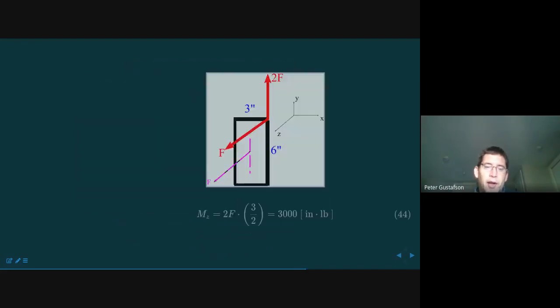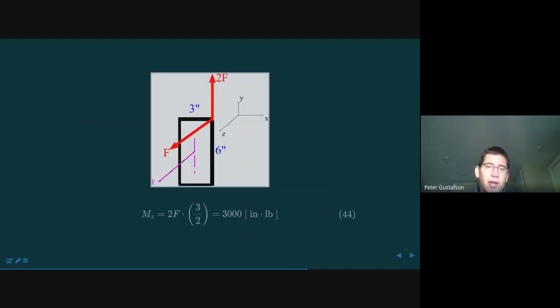Okay, so anyway, what do we do? Well, the first thing to do in any problem like this is to sit down and make mention of what precisely you know. So one of the things that we know is the moment about the Z-axis.